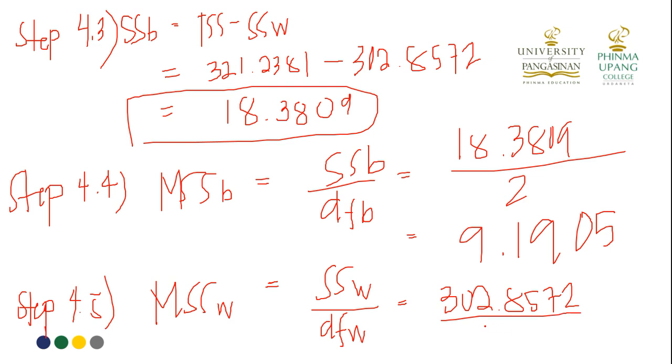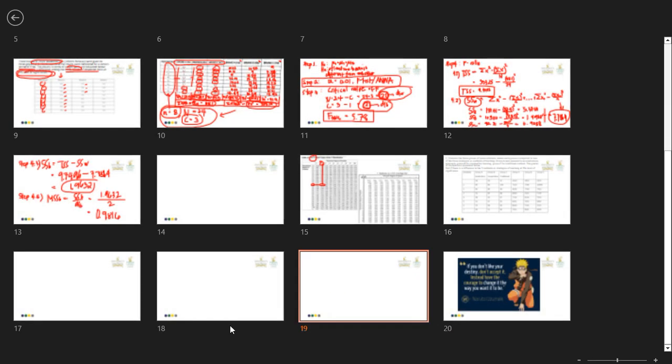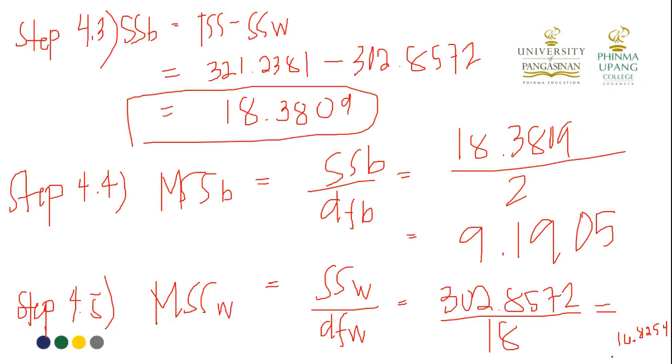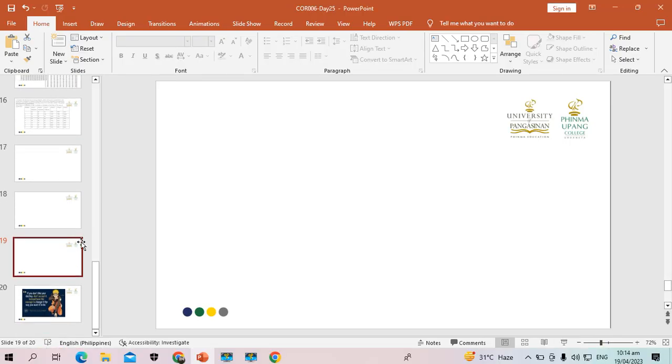Is it 21 or 18? 18. Oh, ilan yung sagot? 16.8254. Tama ba? Yes, sir. Lagay ko na lang dyan para kumasya siya. Ay, naubusan ulit ng space. Wait lang ha.